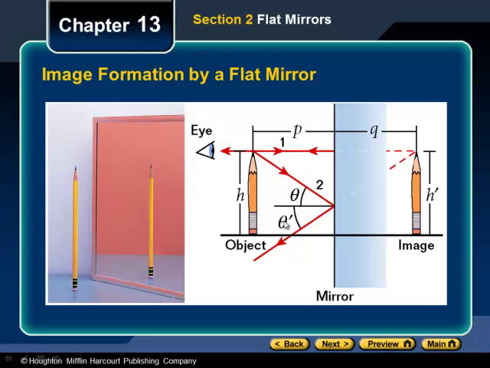The angle of incidence is equal to the angle of reflection, and it would appear as though this point was back up here. The distance from the mirror to the object is the same as the distance from the mirror to the image of the object. And the height of the image is the same as the height of the object.